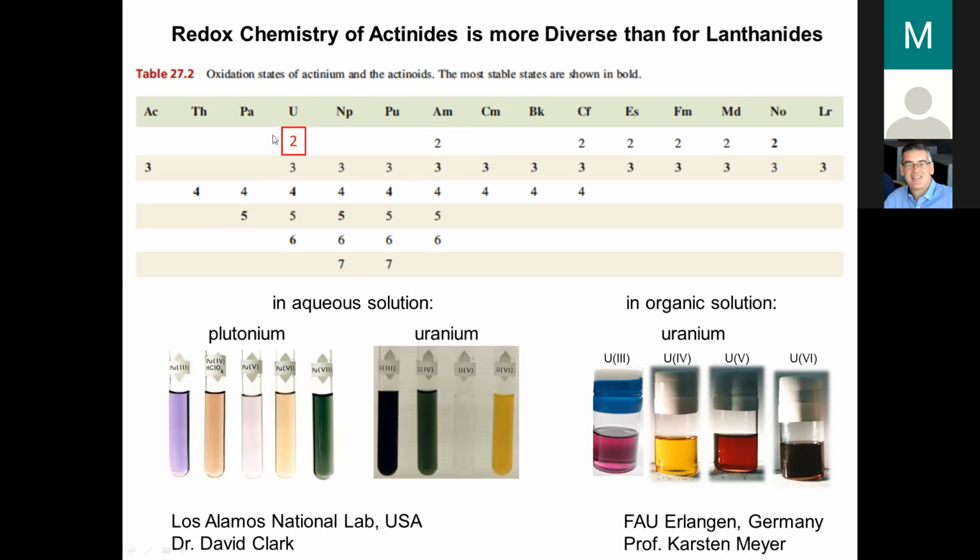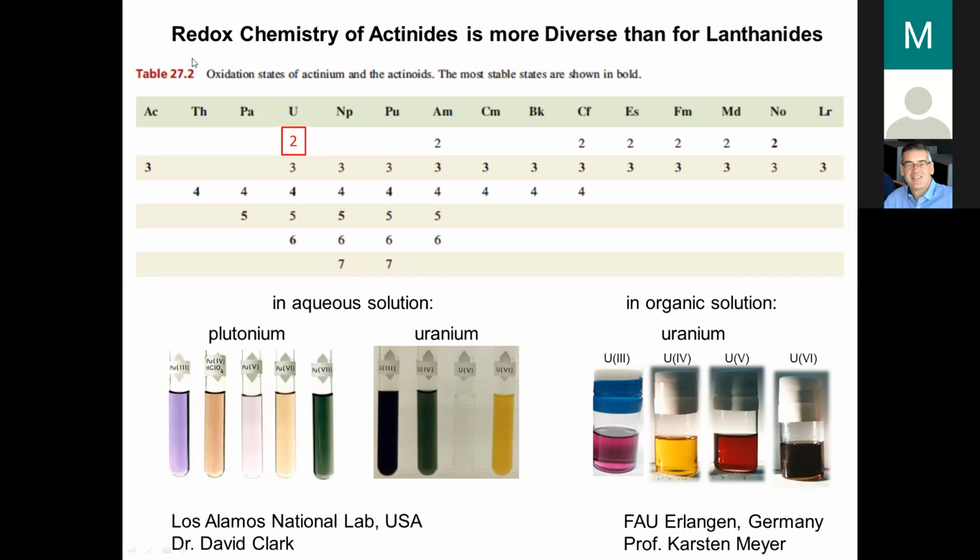Basically, the mid-actinides from uranium through americium show a very rich redox chemistry, spanning oxidation states from +2 up to +7, whereas the very late actinides, again, are limited to their +3 and +2 oxidation states. So they start to behave much more like lanthanides again in their redox chemistry, whereas the early and mid actinides are very different in that regard. Of course, textbooks as you get them are not always 100% up to date, so things happen.